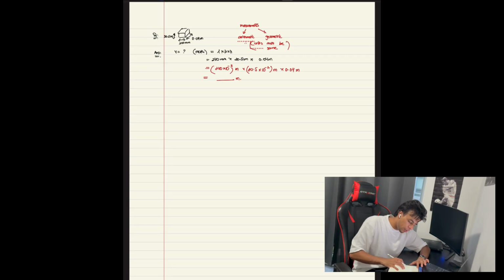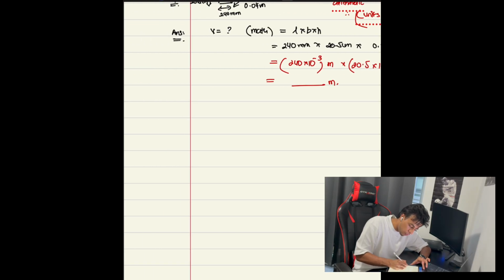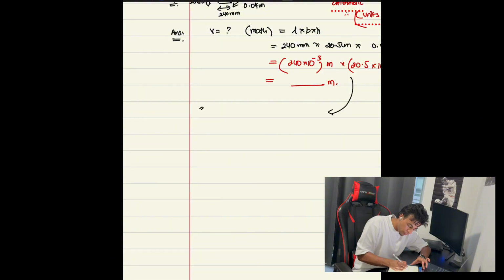Which brings me to my next point, which is conversions of units, right? When I talk about conversion of units, it's again very simple. The SI unit in our case was, let's suppose, meters.